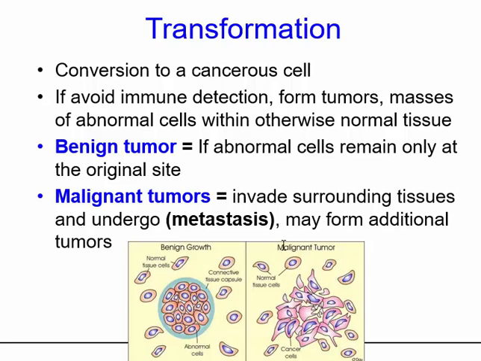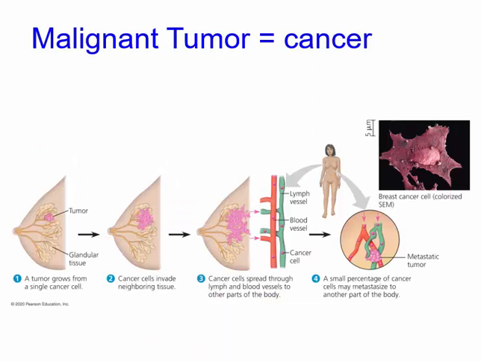These will spread and invade into surrounding tissues. They might break off and spread to distant tissues. That's called metastasis. And they'll form more tumors somewhere else. And obviously, these are much more difficult to deal with. And that is ultimately, technically, what cancer is: this spread.